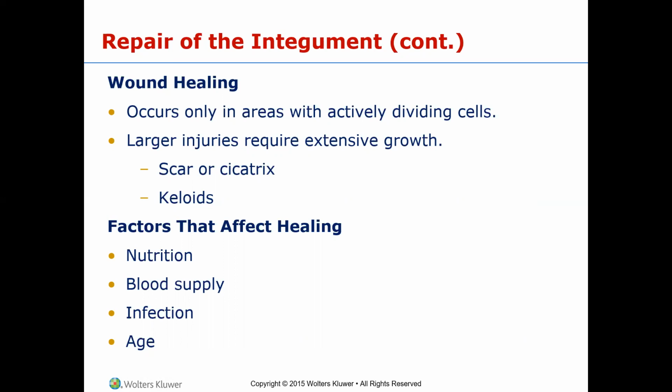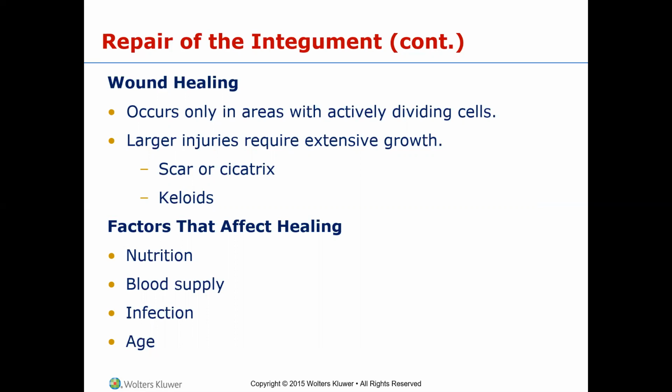Okay, and then some of the things that are going to affect the healing are, of course, an adequate, nutritious diet, and the availability of blood supply to the wound, because it is going to provide some of the cells that are necessary for wound healing, like fibroblasts. Other things are if we are exposed to infection.